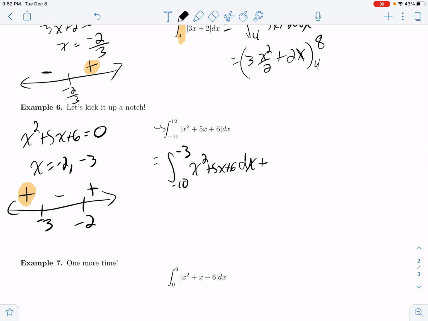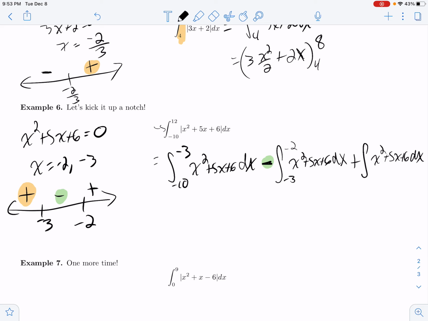plus, minus the integral from -3 to -2, x squared plus 5x plus 6. Why is it minus? Because this is minus. And then finally plus the integral of x squared plus 5x plus 6 dx.